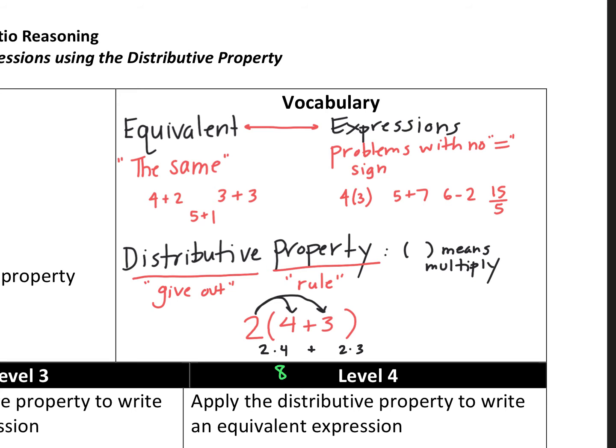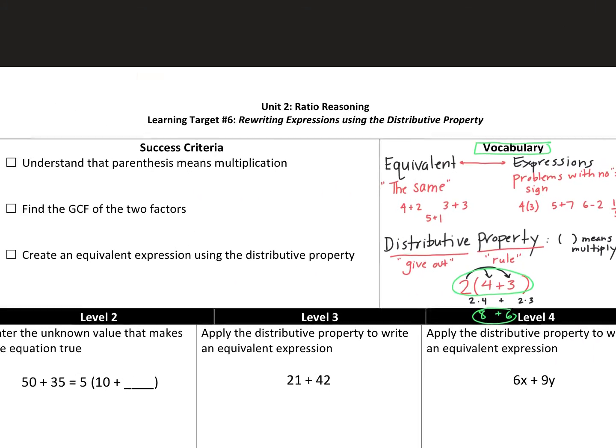I don't have any space, so I just changed the color. And 2 times 3 gives us 6. So this is equivalent to this expression. They give the same answer, just 2 different ways of writing it. That is what you call distributive, when you have parentheses and you give something to the other numbers inside. Make sure that you have all of this vocabulary written down because you are going to need it as we talk about our lessons.